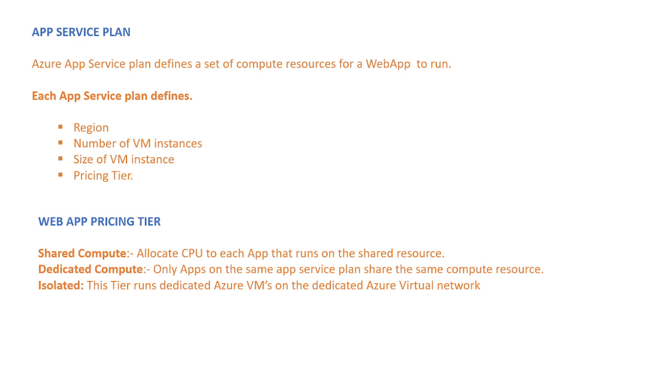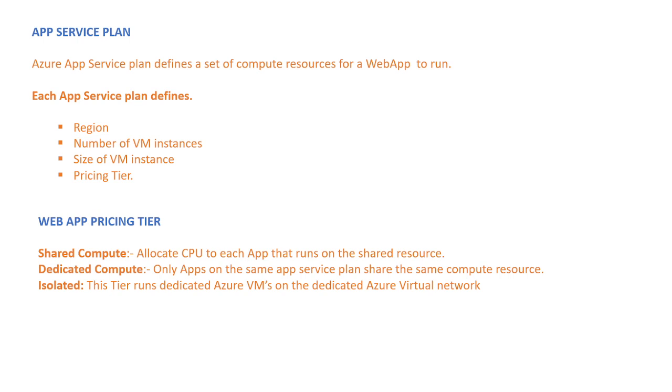That is called shared. If you go with shared, it is cost effective, very cheap. It allocates CPU to each app that runs on the shared resources. But dedicated means whether you are running the application or not, they will give you a dedicated instance. That is a little costlier than shared compute.